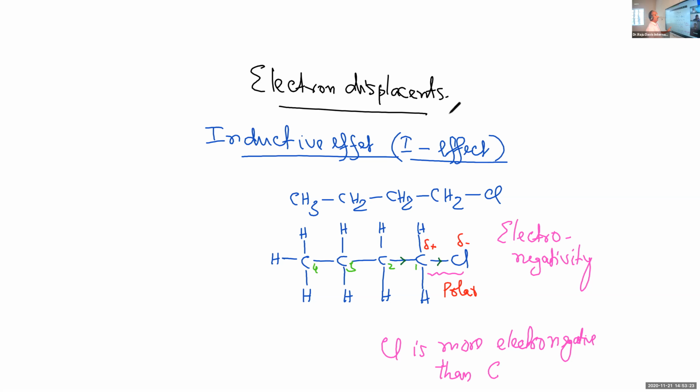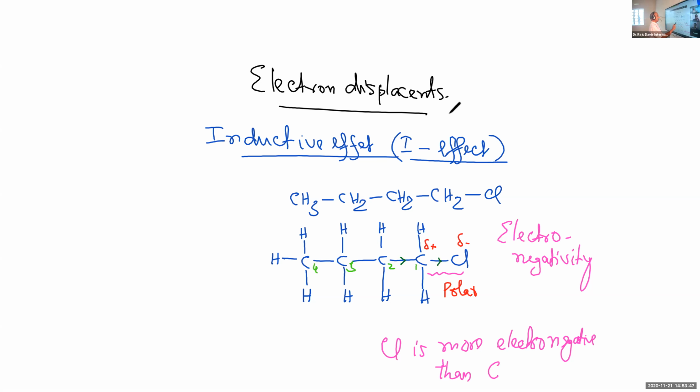Both the carbon atoms have the same electronegativity, no doubt. But here, there is an additional phenomenon. Due to the polarity of the carbon-chlorine bond, carbon atom number 1 is getting a partial positive charge.